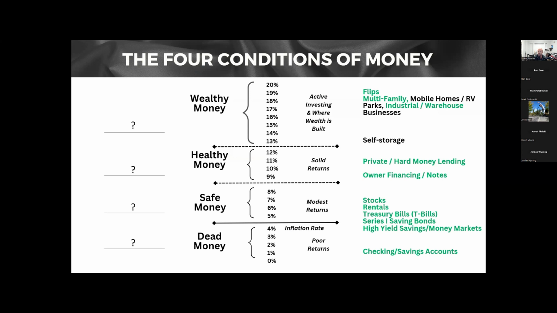Print out this page and understand on your balance sheet, where are my investable funds? Is it sitting at the bottom? Is it already all the way at the top? This is going to help you identify where your capital is. If you've made the decision to invest in real estate, but you need to get the capital in the right spot, this is going to help you identify where it is, right?